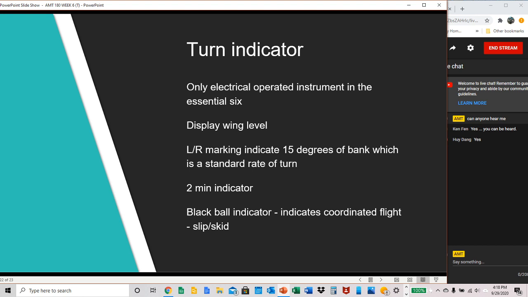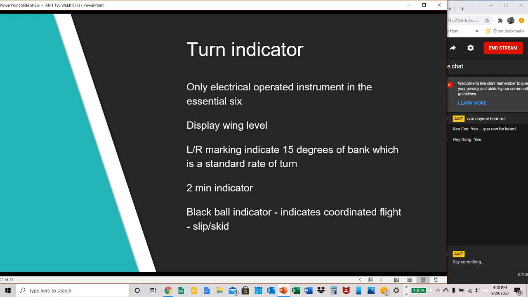Of course, if you have a glass cockpit, then all of your instruments are going to be electrically operated. But every aircraft always has a redundant system, and at minimum will have an airspeed indicator, vertical speed indicator, and an altimeter in analog form for that redundant system, just in case we have some type of electrical failure.